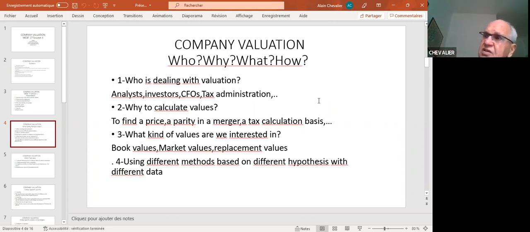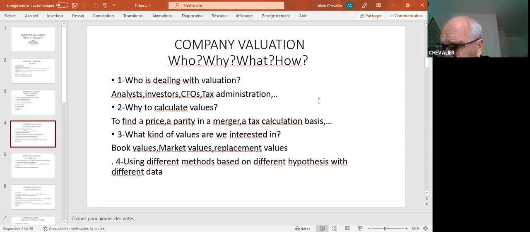Replacement values means if you shut down the plant or company and you want to start again from scratch, what will be the cost to replace the preceding company? It's of interest, for example, for insurance companies. They bring some kind of hedging against fire, for example.